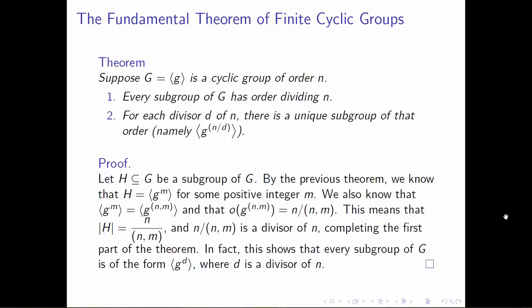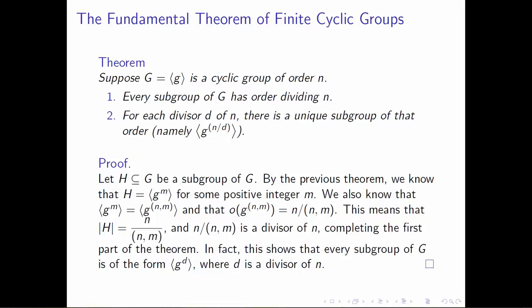So we've completed the proof of this first statement here. We've taken an arbitrary subgroup H by writing it as the group generated by g to the m for some m. We were able to conclude that the order of H divides n, and that's the first part of the statement of the theorem. In fact, we've done a little bit more here.